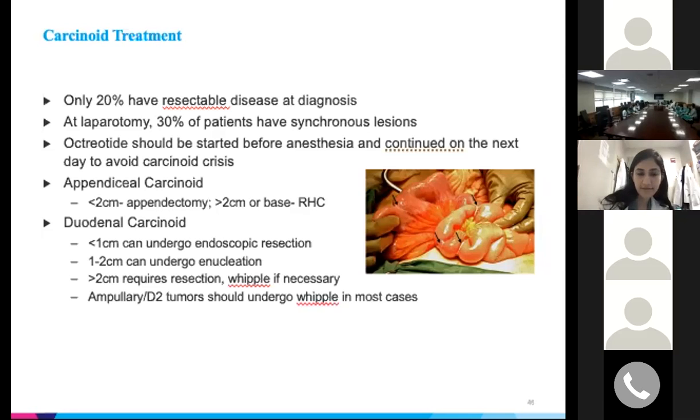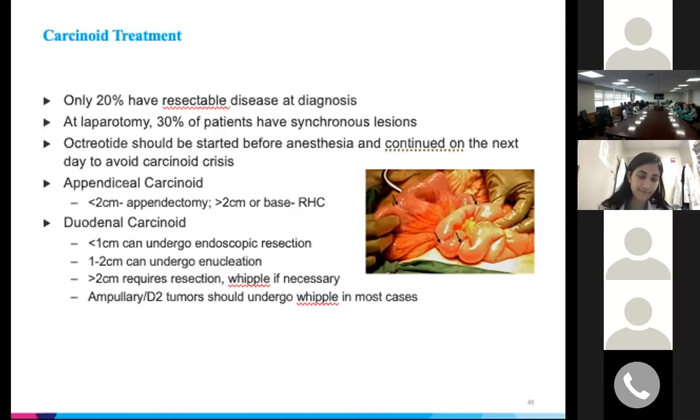Okay, and in the small bowel, what are your margins? Do you do margins? What's your goal in small bowel resection? So you want an R0 resection, and you want to do an en bloc. In terms of margins, I don't think there's a consensus on exact margin, but you should have no tumor at ink, like on the margin. Exactly.